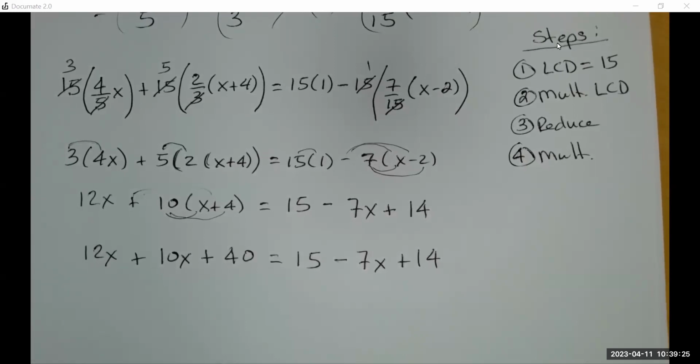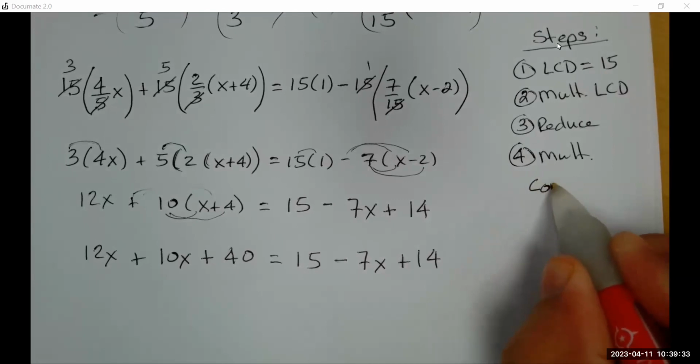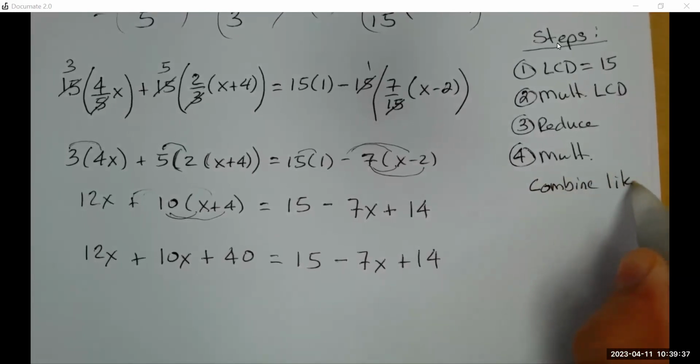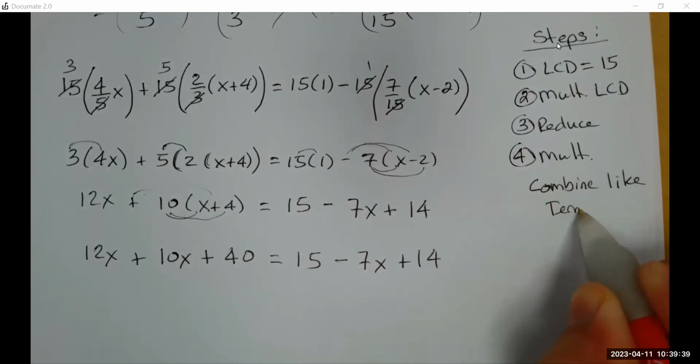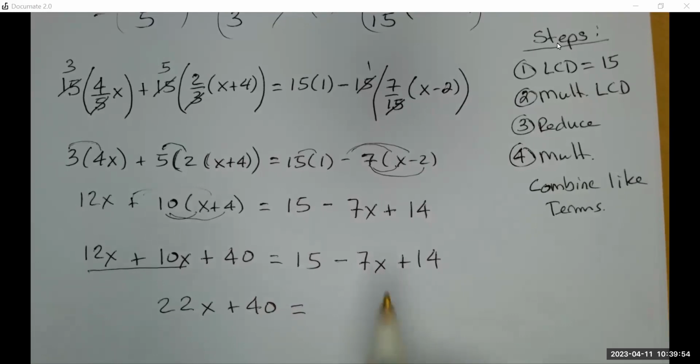Whenever you get rid of parentheses, what do you always have to do? Combine like terms. So 12x plus 10x is 22x, plus 40.